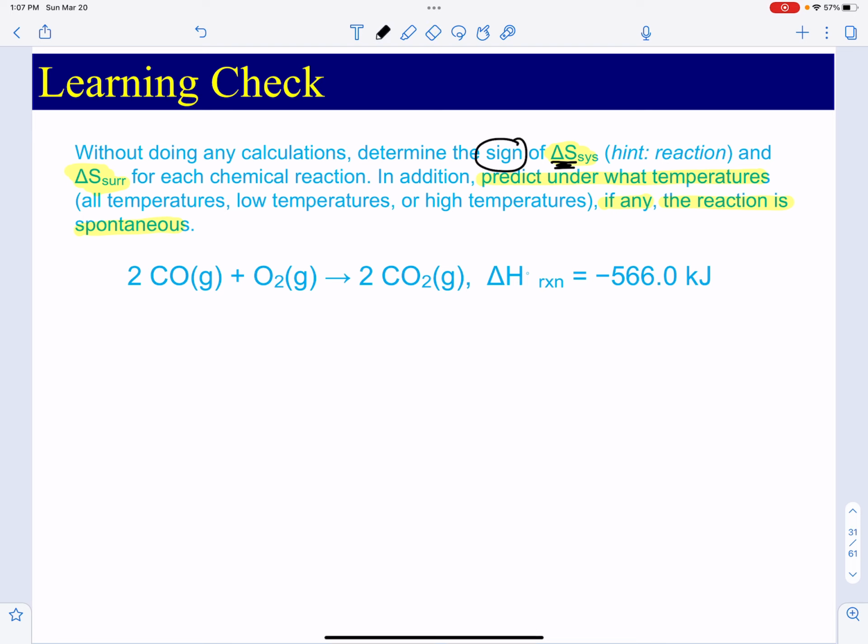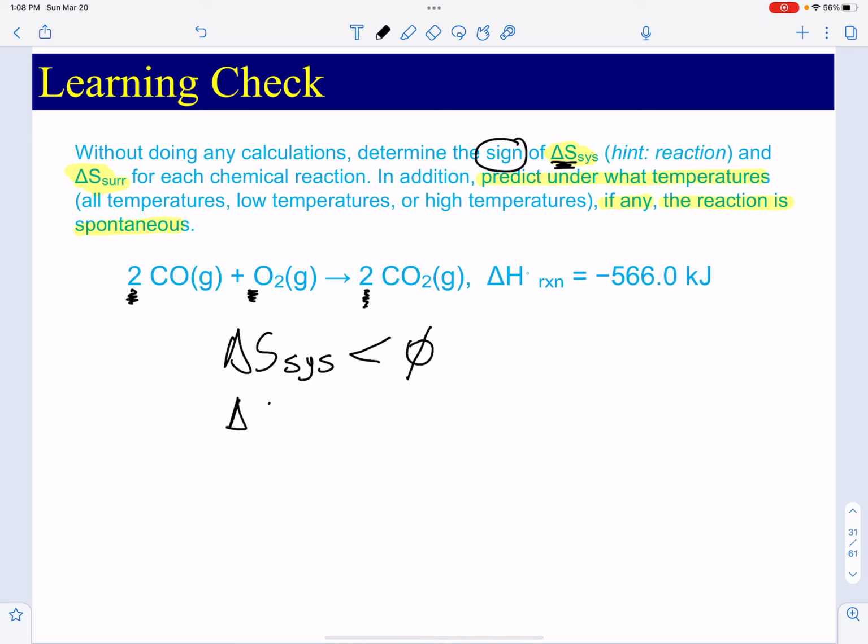So what do we have? We have 3 molecules producing only 2 molecules. So delta S of the system is going to be less than 0. It's becoming more organized. More organized means entropy of the system is less than 0.